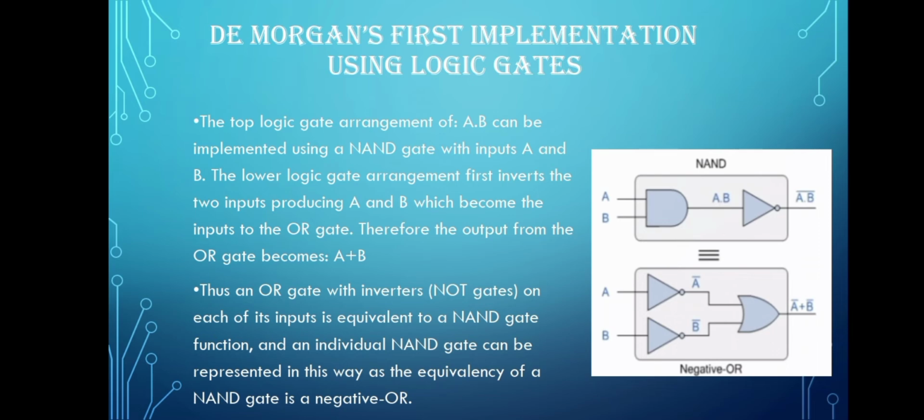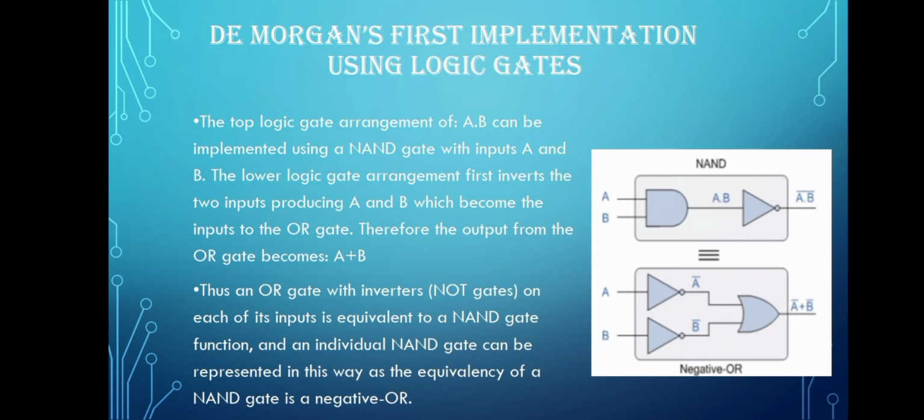Furthermore, De Morgan's first implication using logic gates. The logic gate arrangement of A not B can be simplified using a NAND gate with inputs A and B as shown in the figure. Inputs A and B go through the process and give the product A plus B is equal to A not B is equal to the AND gate, or A and B, which become the inputs to the OR gate.